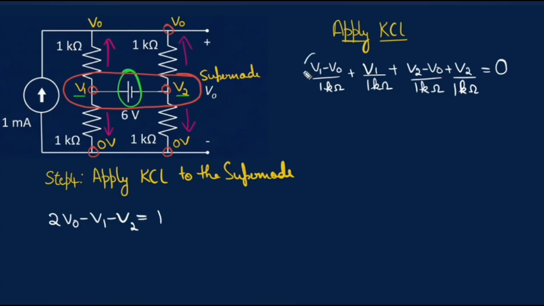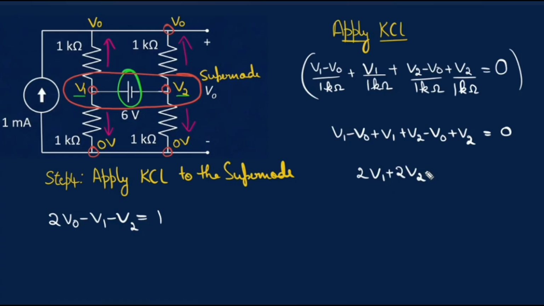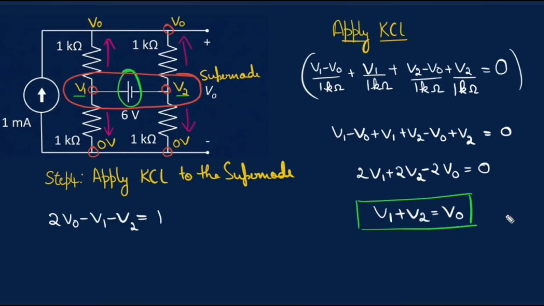Multiplying throughout by 1 kilo ohm, we obtain V1 minus V0 plus V1 plus V2 minus V0 plus V2 equals 0. Simplifying, we get 2V1 plus 2V2 minus 2V0 equals 0. Dividing by 2, V1 plus V2 equals V0 is the second equation that we obtain.